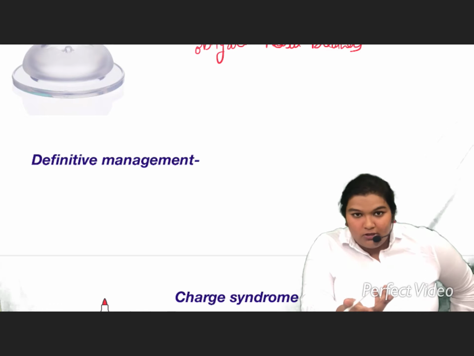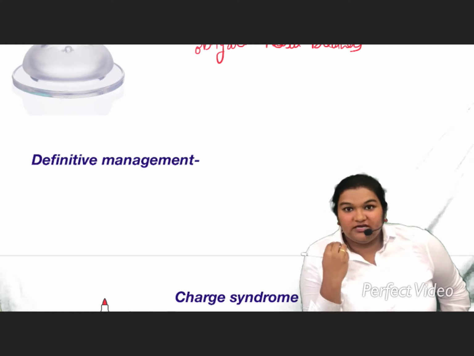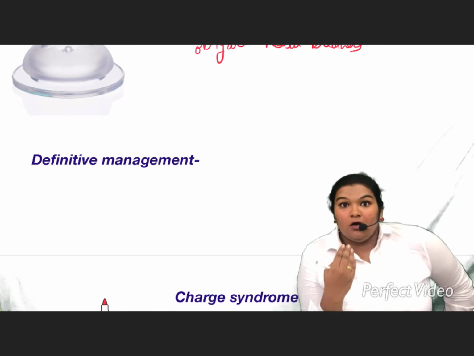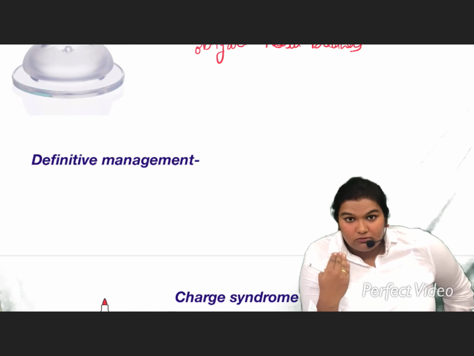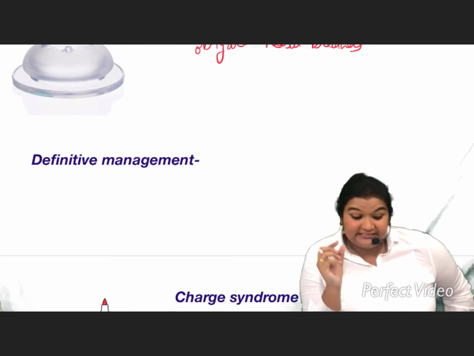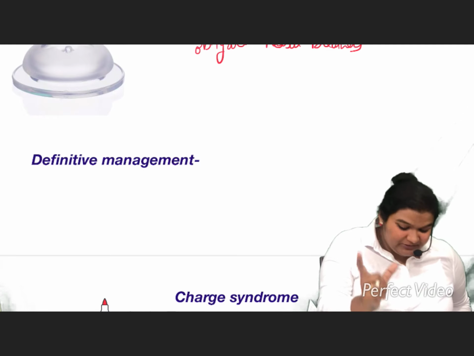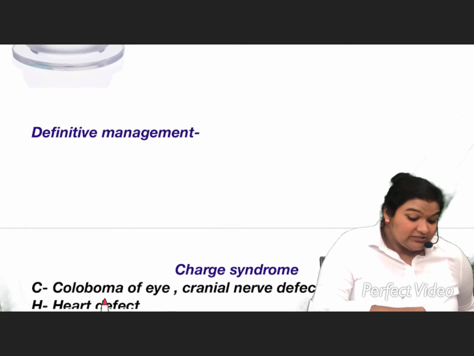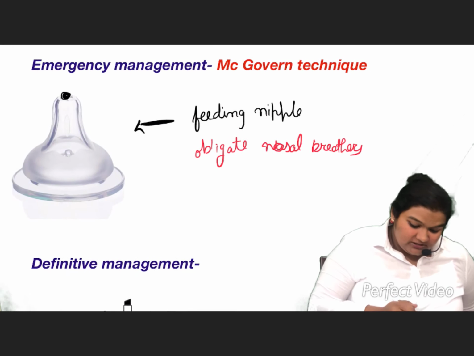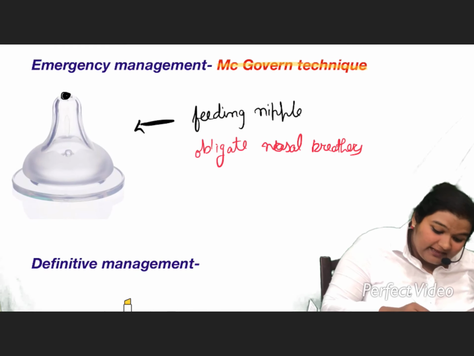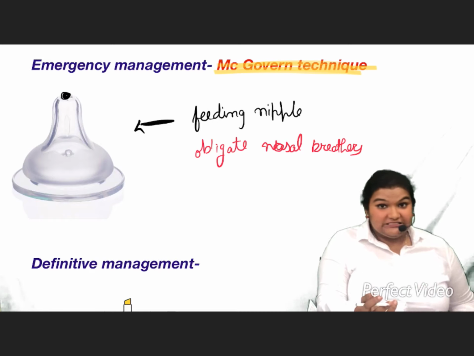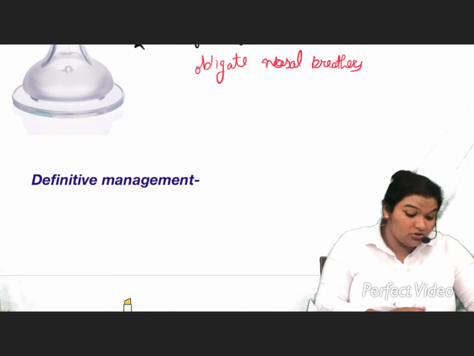But we know, because whenever we get rhinitis, we get a blockage of the nose, we breathe through our mouth. Babies don't know that. Hence they are obligate nasal breathers. So this is an emergency management. McGovern's technique is an emergency management.